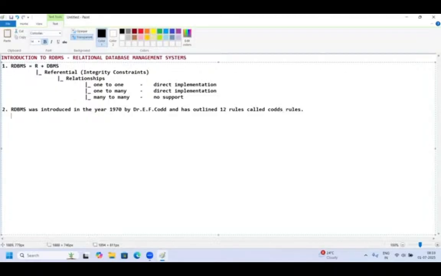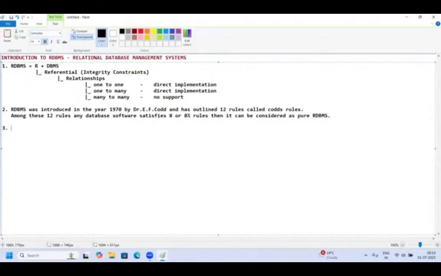And then we study that among these 12 rules, if any database software satisfies 8 or 8.5 rules, then it can be considered as pure RDBMS.